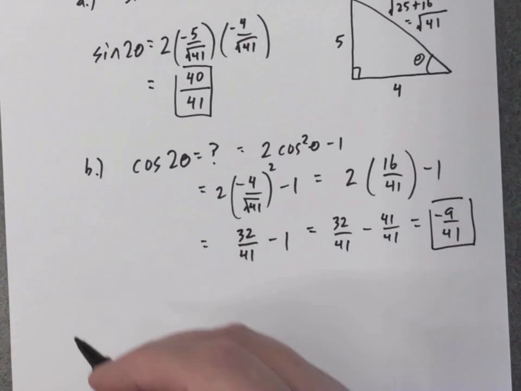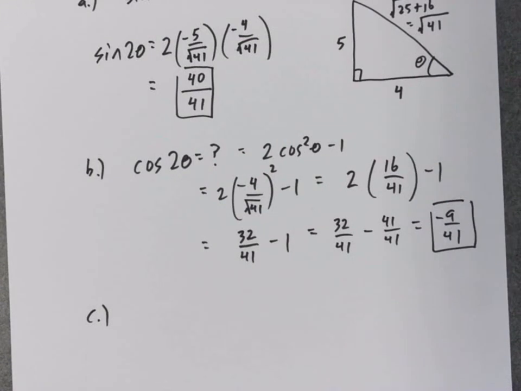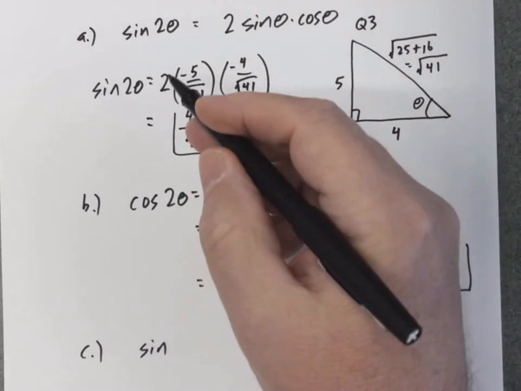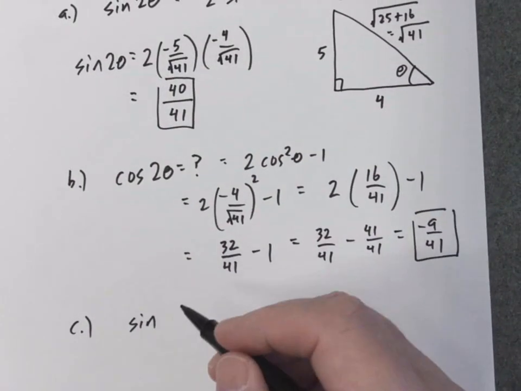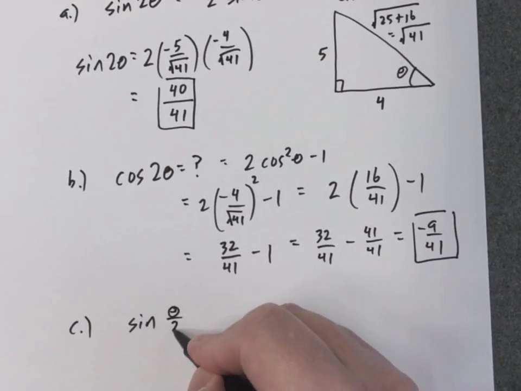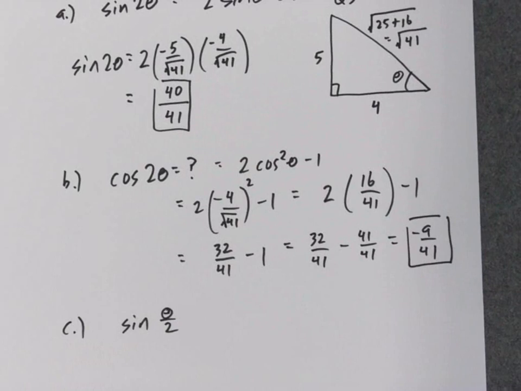So the third part, now they said find, I believe they first asked for the sine of the half angle. Now compared to the double angle formulas, the half angle formulas are more complicated and messier and a lot more going on.